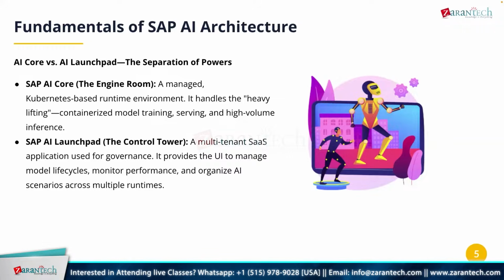When you break down this particular architecture, the core idea of SAP AI architecture is what? It connects business data like SAP and non-SAP, the AI models like ML and generative AI, the business processes like automation and workflows.